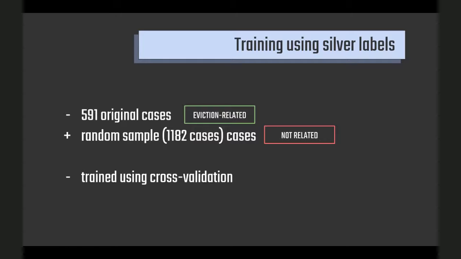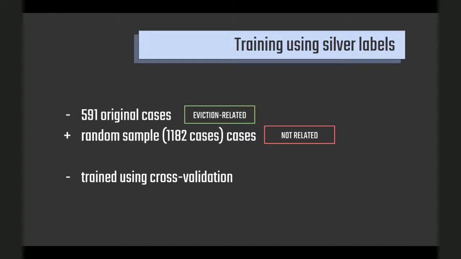I think this is threefold cross-validation. The way that machine learning works, at least in our scenario, it would take phrases within the text of those judgments, one to three words, and based on those words, try to guess whether those belong more to eviction related or to non-eviction related cases.